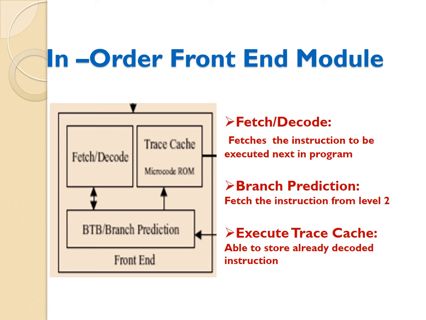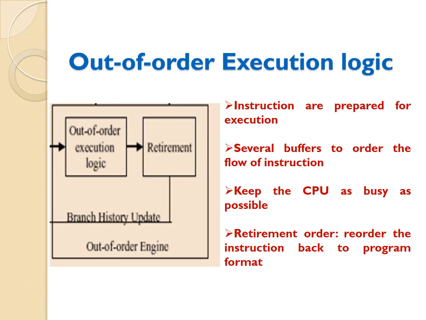The instructions are decoded and placed in the trace cache, and the instructions are taken for the execution from the cache like a normal operation. The L2 cache will be accessed when the machine misses the trace cache. The predicted instruction address from this front-end branch prediction logic is used to fetch the instruction bytes from the level 2 cache.